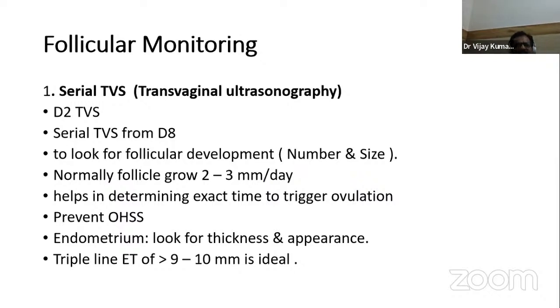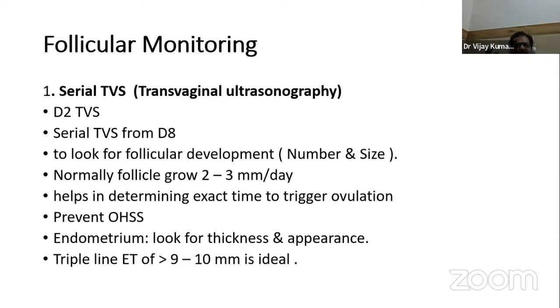Coming to another important thing, follicular monitoring. This will be done with ultrasound by transvaginal scanning. Usually the day 2 scan is done to get the antral follicle count and to rule out any cyst in the ovaries.